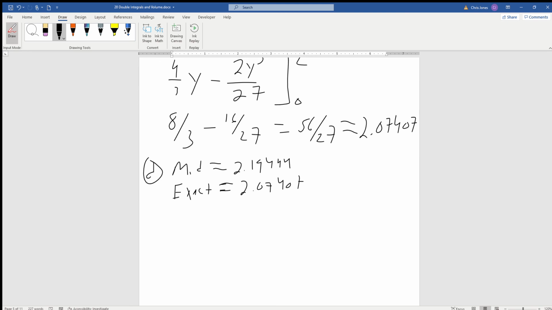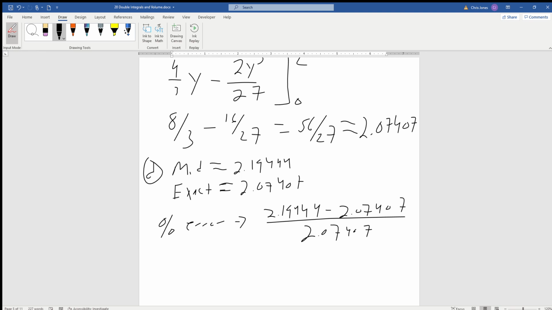If we wanted to find a percent error, we certainly could. So let's just go ahead and find the percent error just because we can. That would be 2.19444 minus 2.07407, divided by 2.07407, and we're going to multiply that by 100% when we're done.